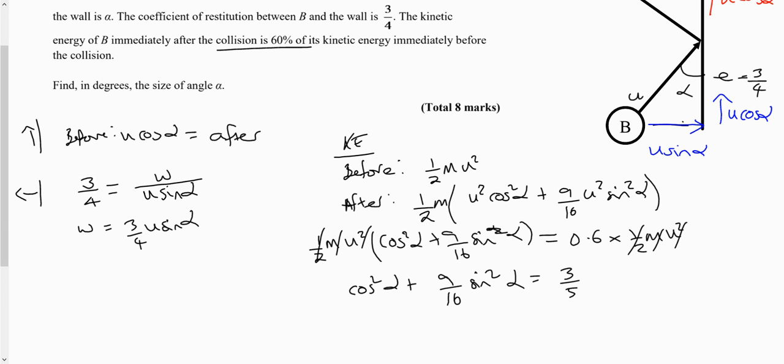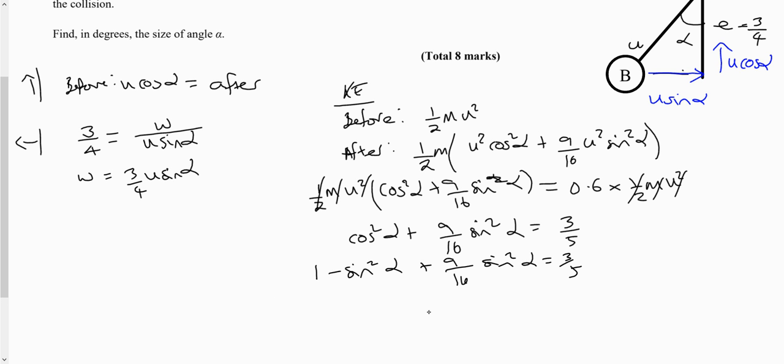And now it's just a case of solving this trig equation, so it's quite handy to remember that sine squared alpha plus cos squared alpha is 1, which could let me replace the cos squared, or you can replace the sine squared, it doesn't really matter. And you should then be able to rearrange that and get to this, which you can then solve.